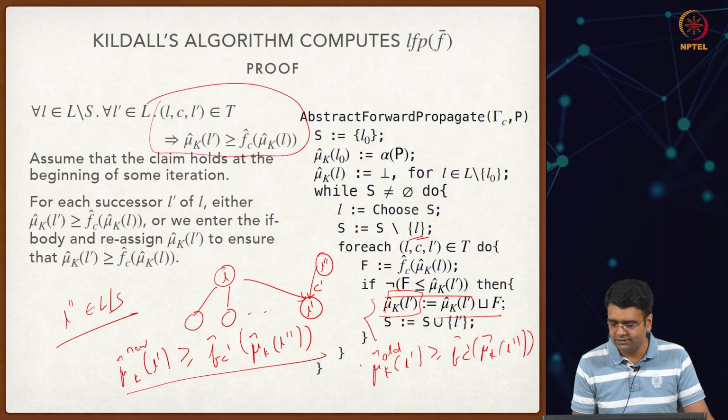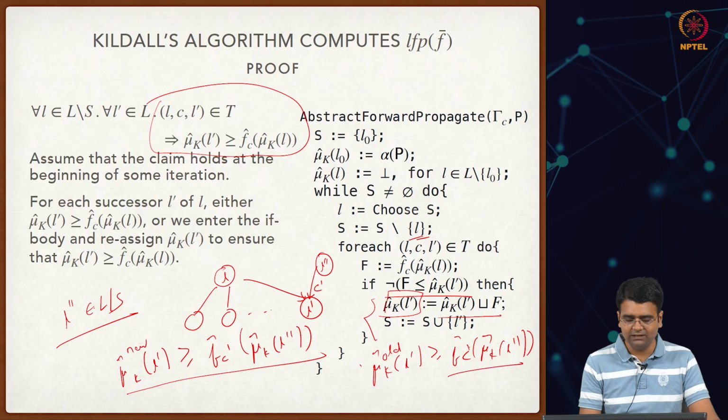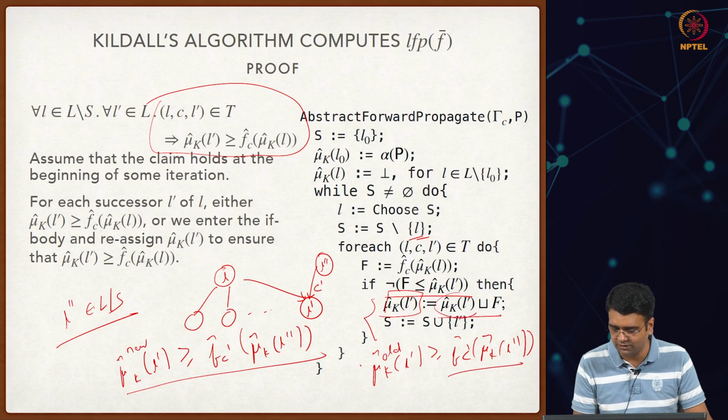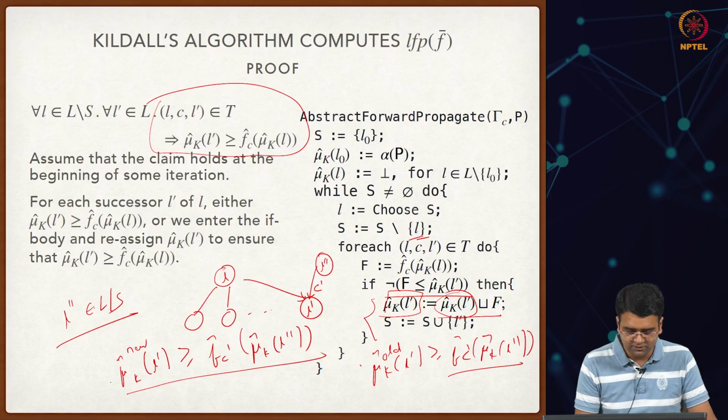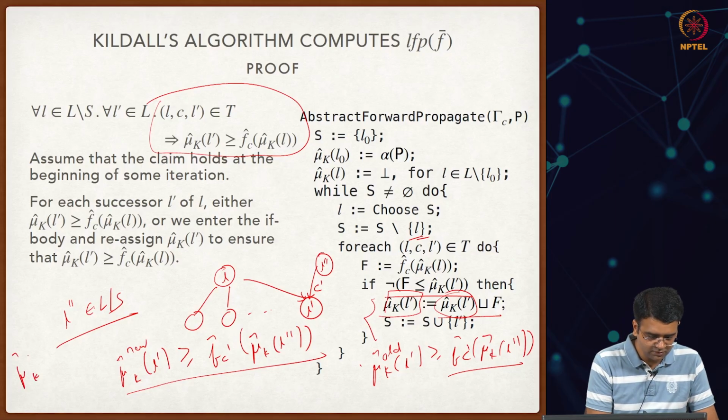So, the old value is greater than or equal to the required result, and the new value is computed by taking a join of the old value. So, since the old value is greater than or equal to f at C of mu hat k of L double prime, and the new value is also greater than or equal to the old value, because it is an upper bound, this mu hat k new value at the location L prime is greater than or equal to mu hat k old value at the location L prime.